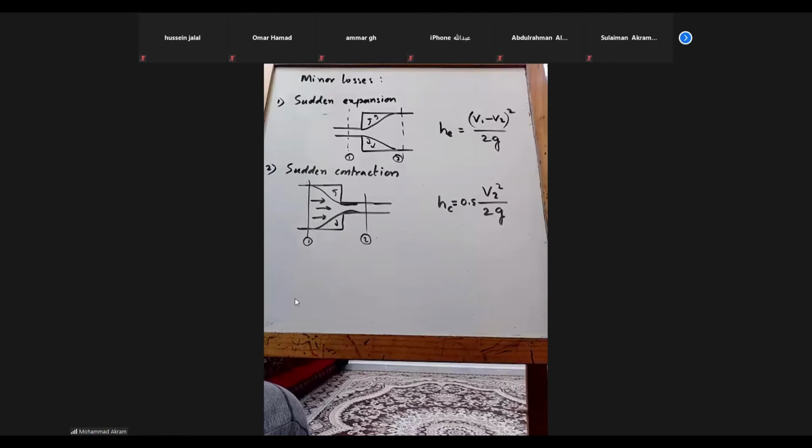Half of the kinetic head, half of the kinetic energy can be lost due to the contraction.